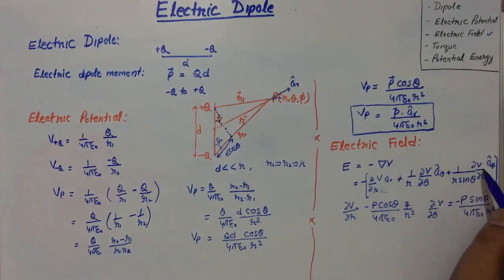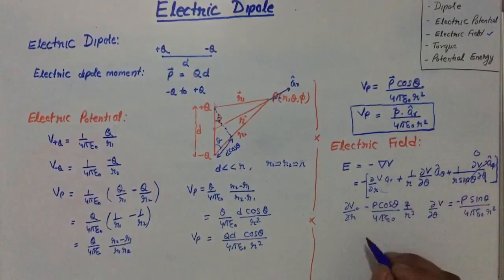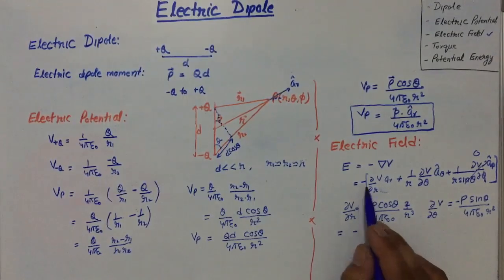Now the third term, that is phi. I'm sorry, here it is phi. The third term is del V over del phi, and there is no phi term, so the derivative of V with respect to phi will be equal to 0. So the component of E in the direction of a_phi will be 0. The only terms will be these two. So we can write minus this and minus this.